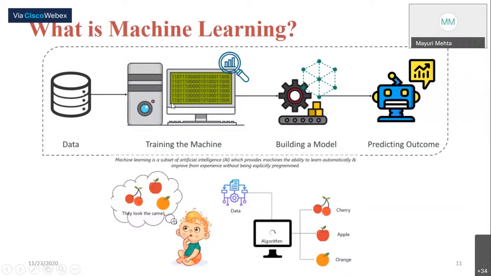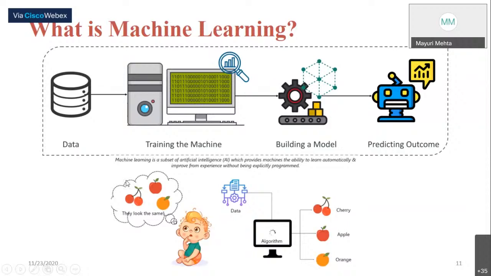These insights are then used to build a machine learning model by using a machine learning algorithm in order to solve a problem, right? So machine learning provides machines the ability to learn automatically, and it improves from experience without being explicitly programmed.